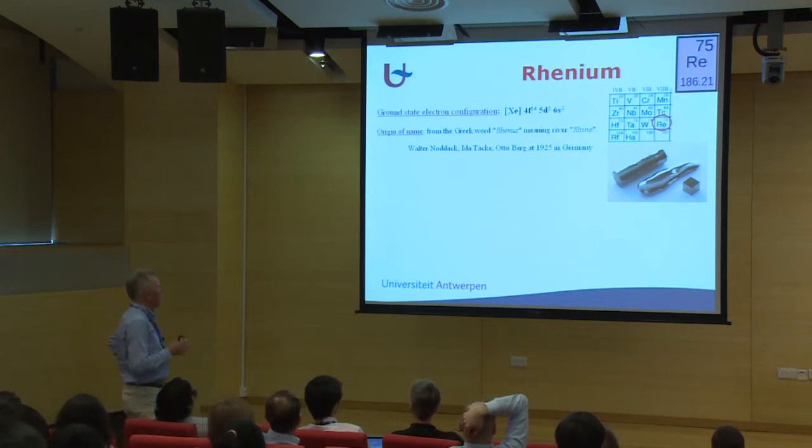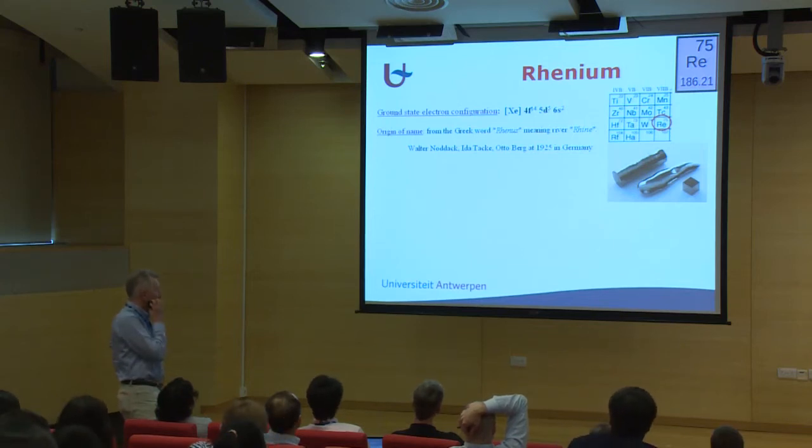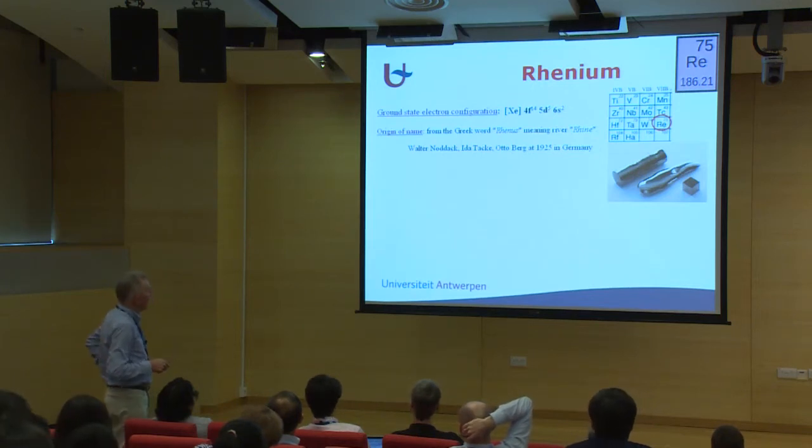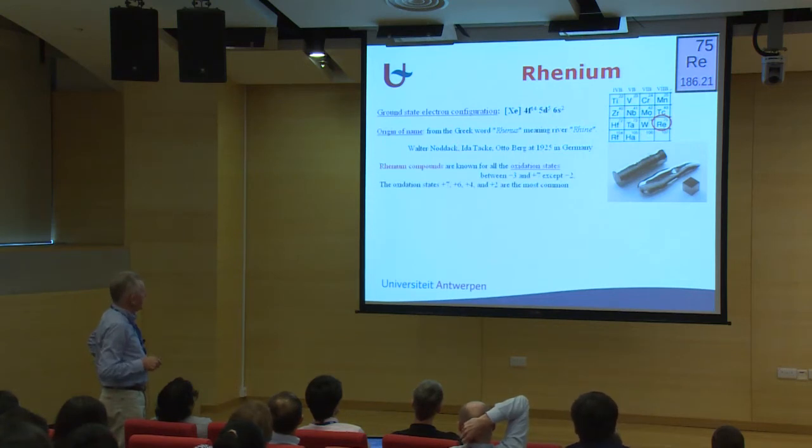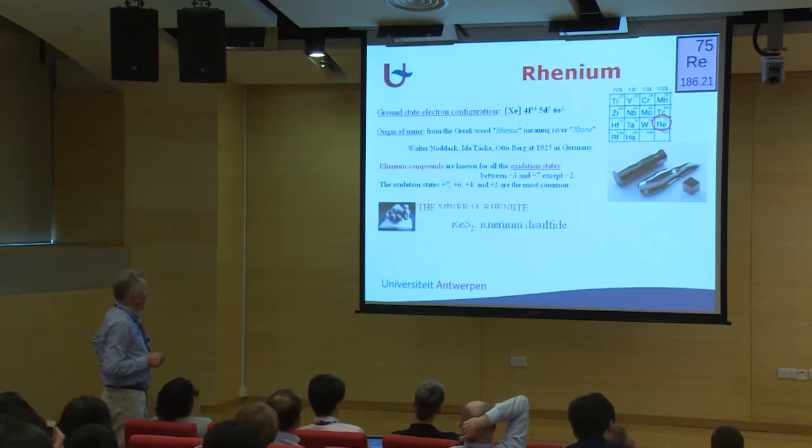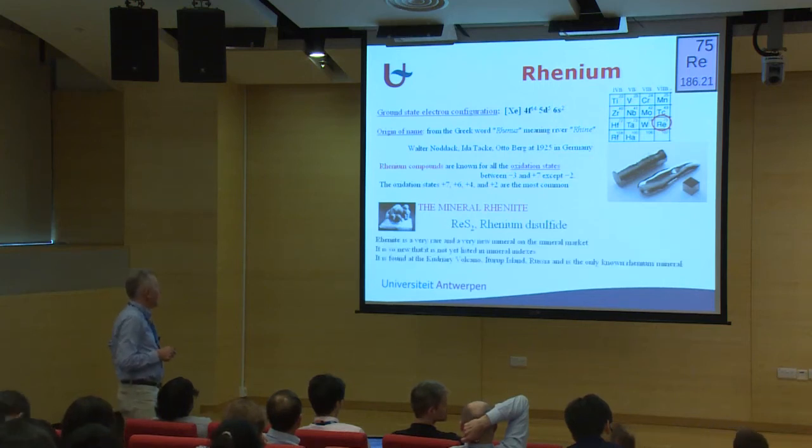Already in the beginning of the 1900s there were some reports by a Japanese scientist who seems to have discovered this material, but the Germans were the first who really identified it. Rhenium has many different oxidation states. Rhenium disulfide occurs as a mineral, rheniite, which is very rare and was not long ago discovered in Russia on a volcanic island.